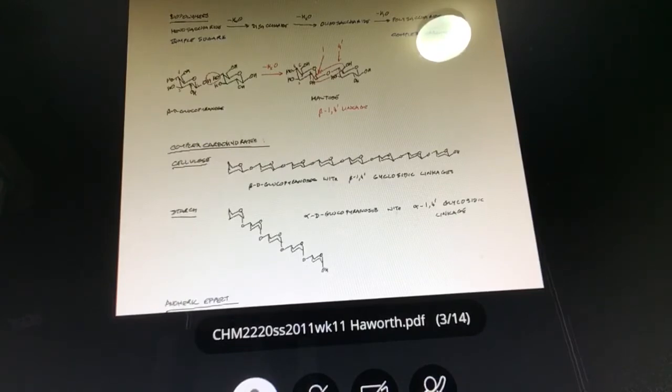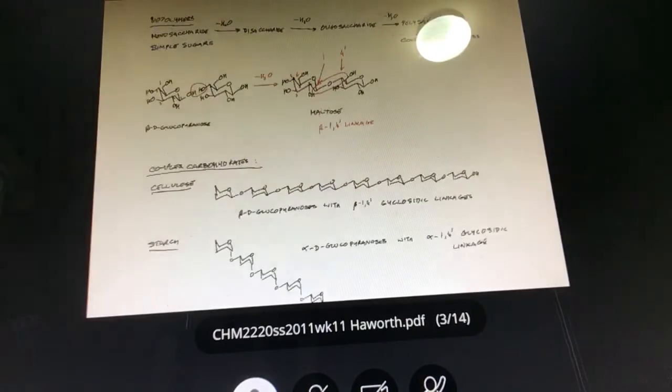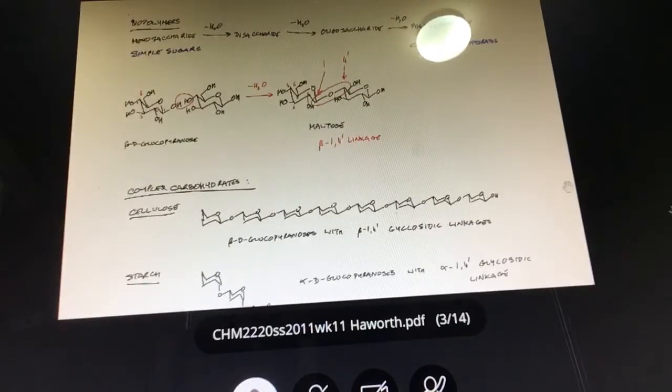Now, sugars exist naturally in multiple forms. The building block of a complex sugar is one of the small molecules that we've seen. It's a ribose or a lyxose or a xylose or a ribulose or a fructose or a galactose or a gulose or a glucose or an allose or an altrose.